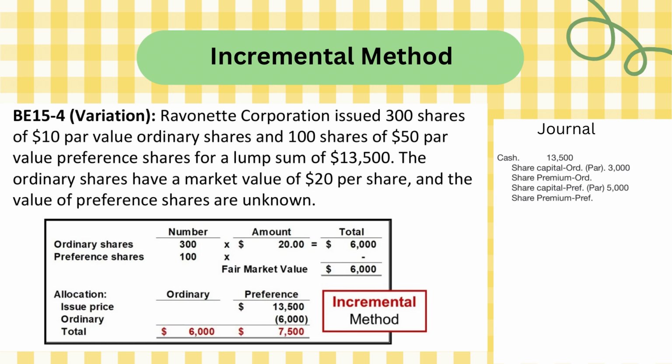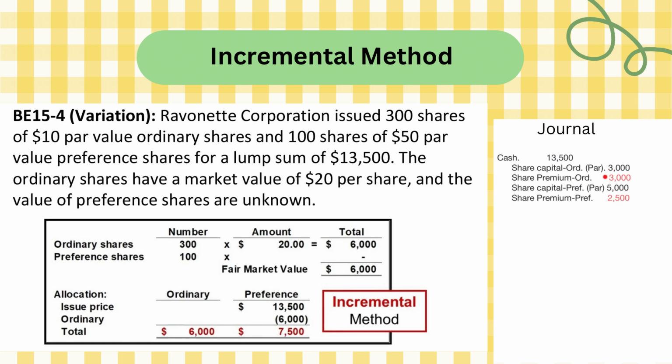So the total par for the ordinary is 3,000, and the total amount allocated to the ordinary is 6,000. So the premium will be 6 minus 3, so it's gonna be 3,000. While for the preference, the total amount allocated is 7,500. The par is 5,000, so the rest will go to the premium, which is 2,500.